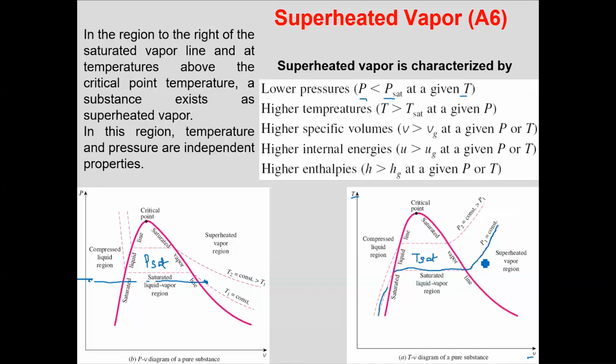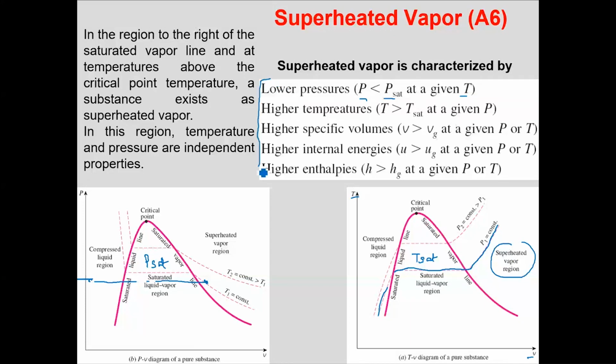T saturation. So for this pressure P1, if my temperature is greater than T saturation, I am in the superheated vapor region. Clear enough? All these conditions are clear to you?